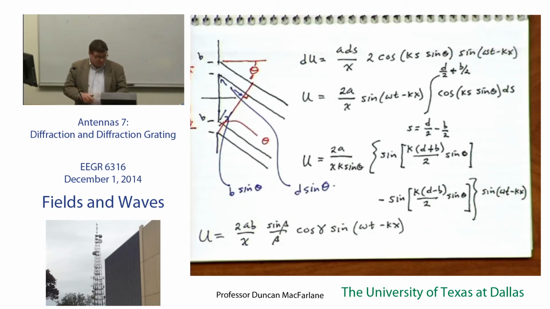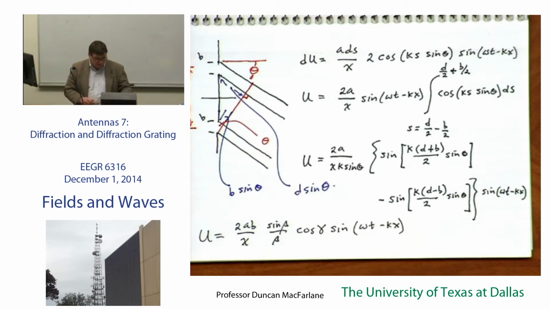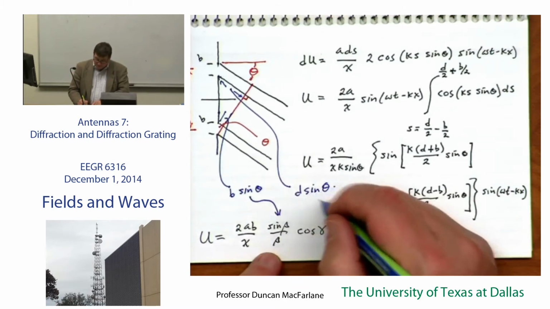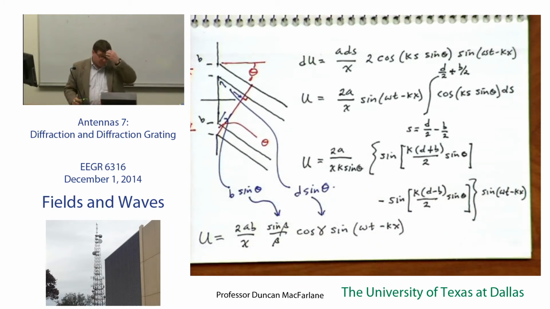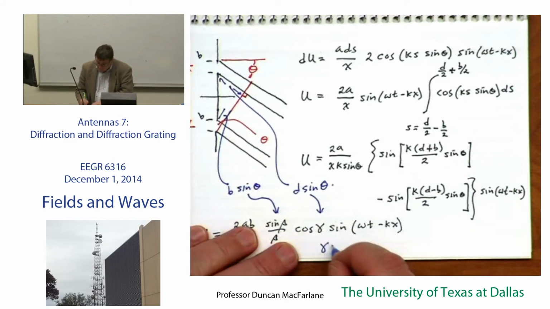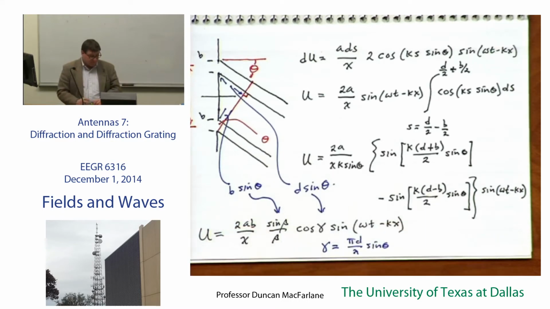And the gamma, this b sine theta, gives me the beta, and d sine theta gives me the gamma. To be clearer, gamma is equal to pi times d over lambda times sine theta.